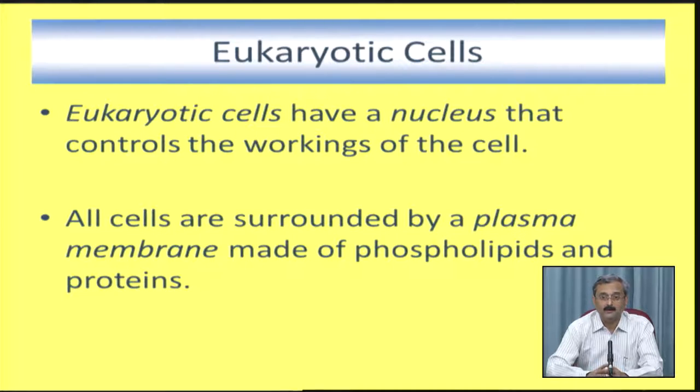The nucleus is a very important organelle among the eukaryotic cell, controlling the working of the complete cell. It is the workhorse, or a ringmaster, which directs all the other organelles to function in some way or the other.